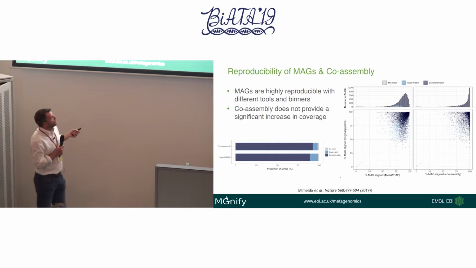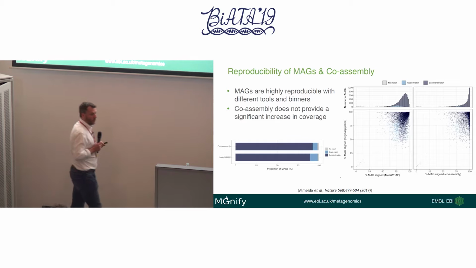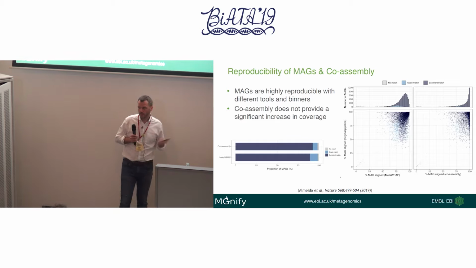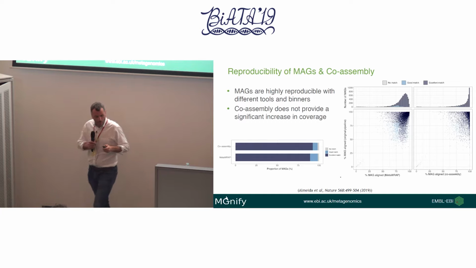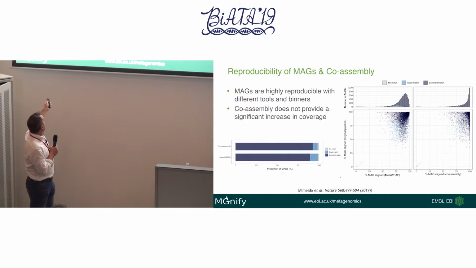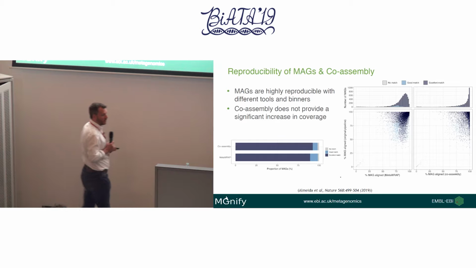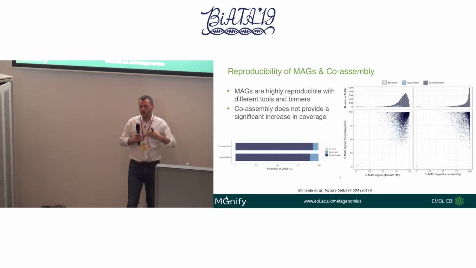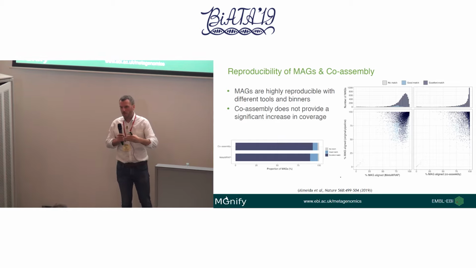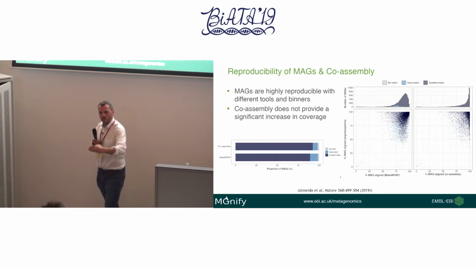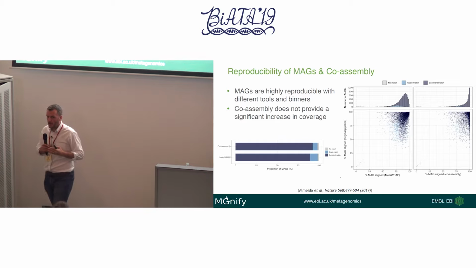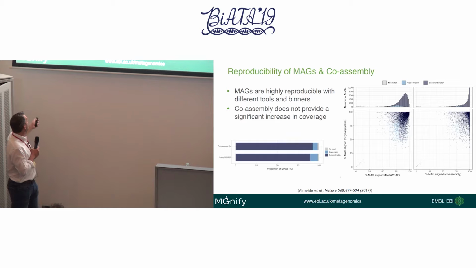A good match was 95% and more than 60%, and then no match was anything else. What you see here is that using a different co-assembly approach, you don't actually gain much. There were a couple of genomes where you got something out of the co-assembly where we didn't have it. That's where it just pushed it over that quality score threshold. You just got a couple more contigs and you just pushed it over the threshold. But generally, it wasn't making a huge difference.